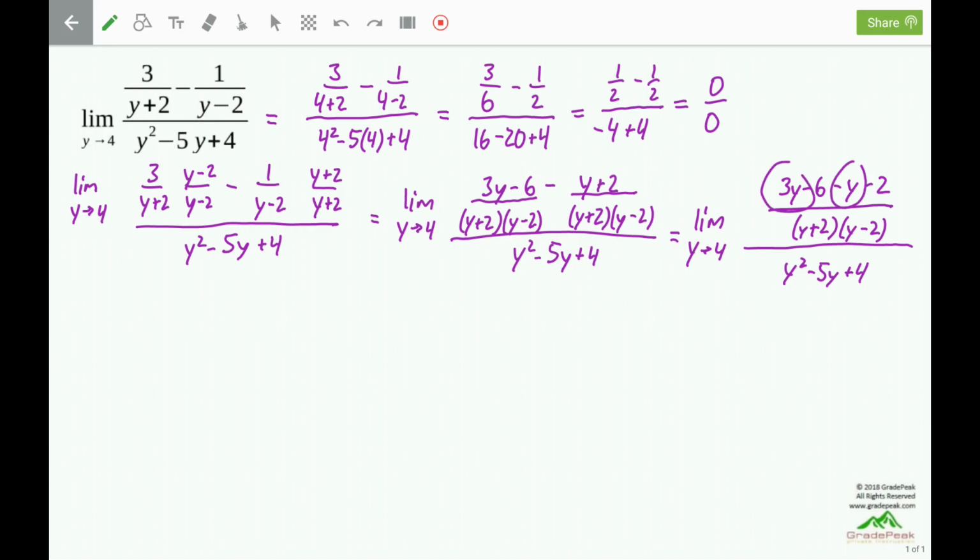Actually, this 3y and this minus y can combine. And just the same, this negative 6 here and this negative 2 can combine. We're going to do that in our next step. So that'll give us limit as y goes to 4. 3y minus y will be a 2y. Minus 6 minus 2 will be minus 8 over y plus 2, y minus 2, and then that entire thing over y squared minus 5y plus 4.